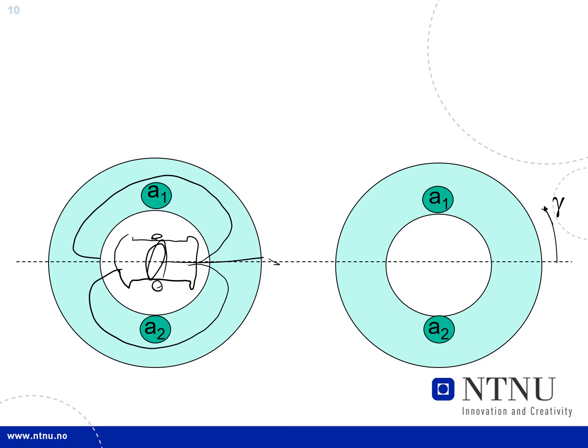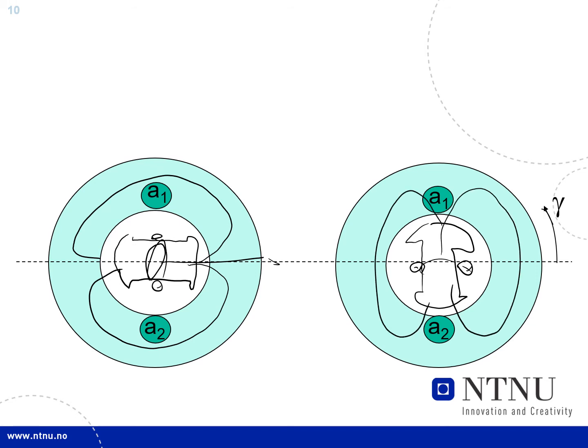And then as the rotor moves and comes to 90 degrees, for example, the flux effectively compensates for each other, so there will effectively be no flux linkage.